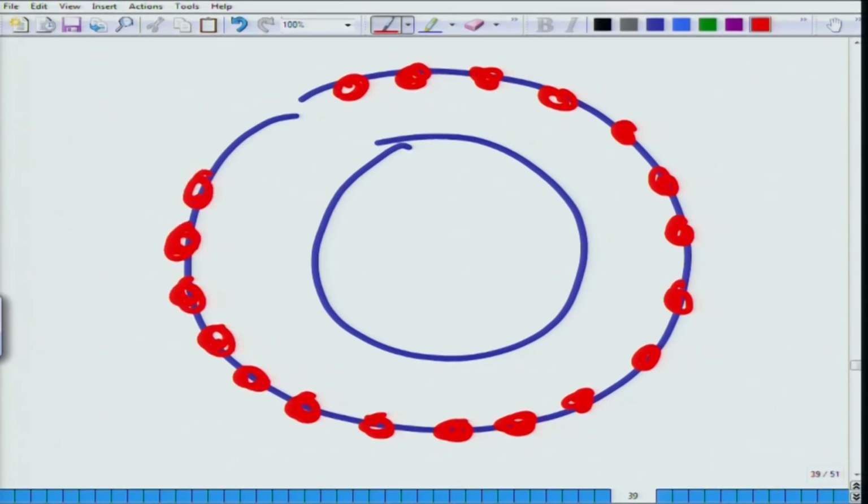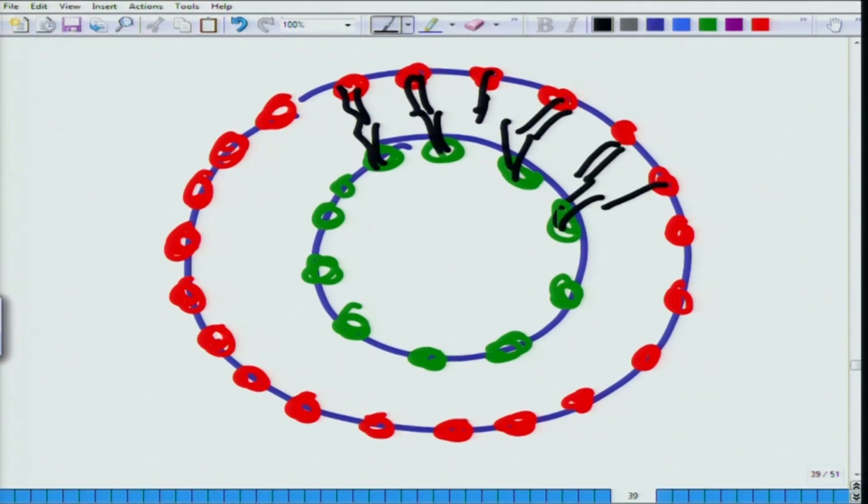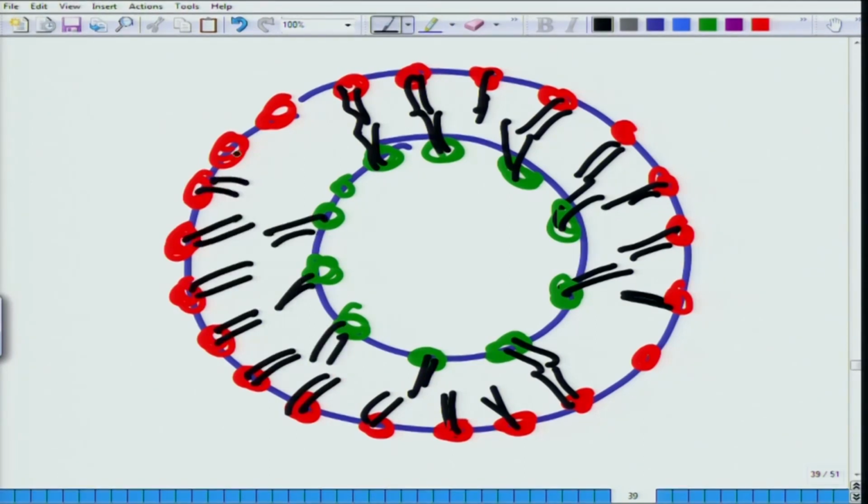I'll give an example of other lipids which do not have a tendency to form like that and which exactly form a micelle. So, you have to understand the difference between a micelle and a bilayer structure. These are the hydrophobic tails.